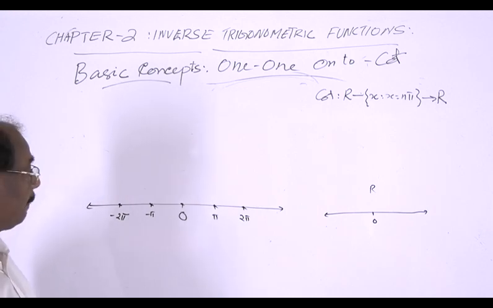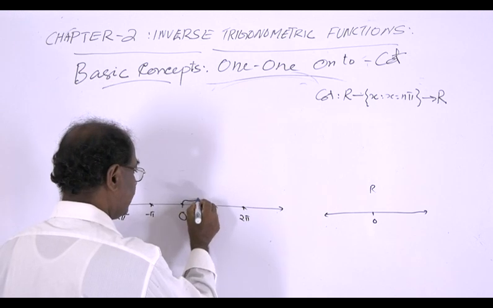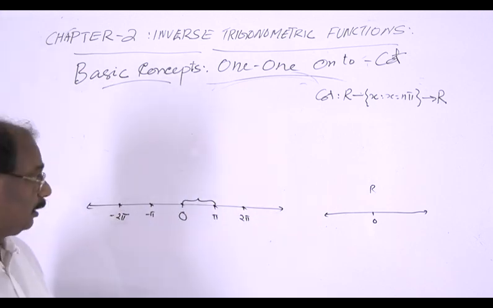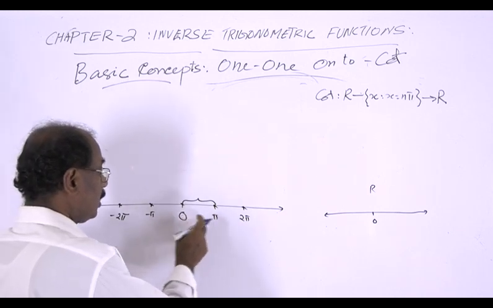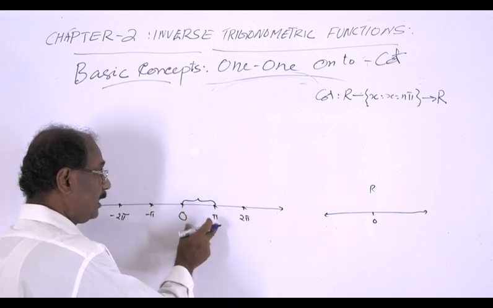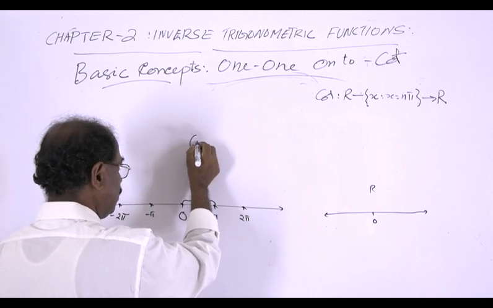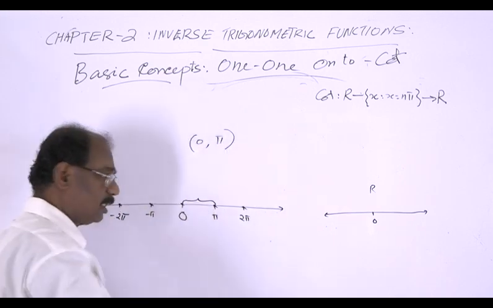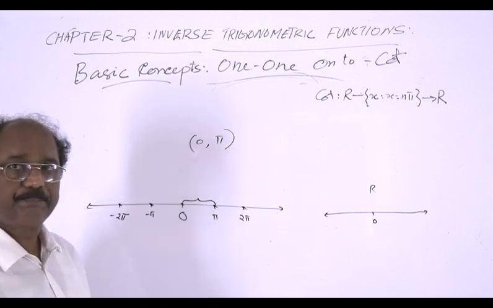Now consider this interval (0, π). In this interval, the endpoints 0 and π are excluded, so it is an open interval, and everything in between is included.